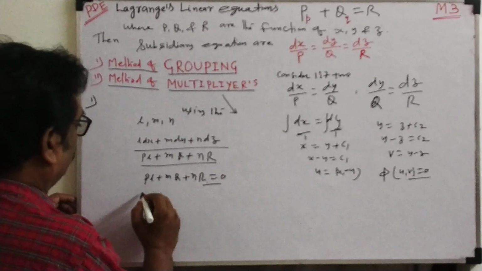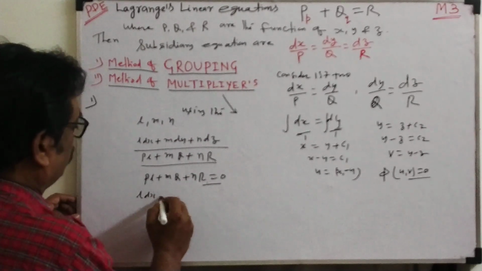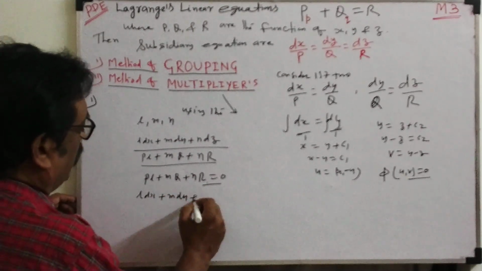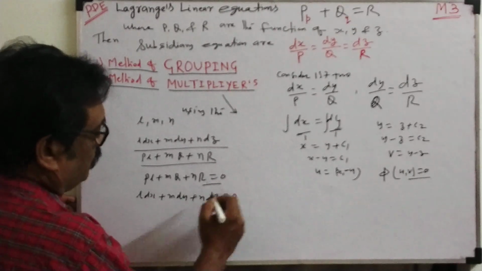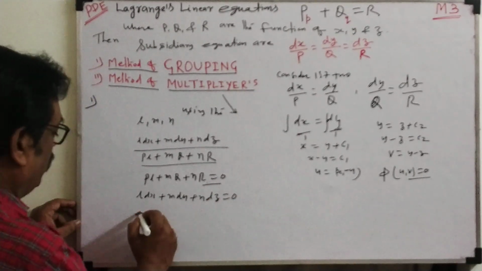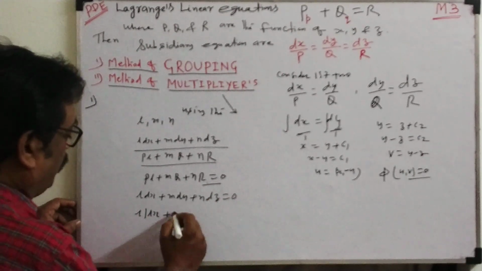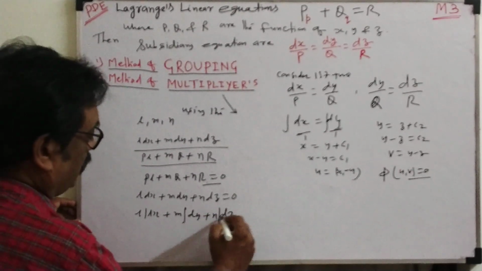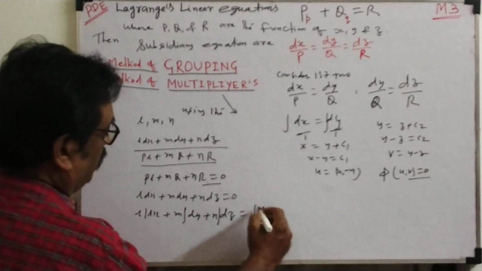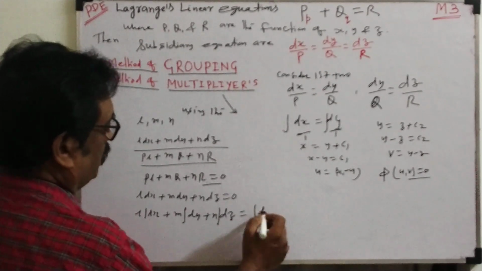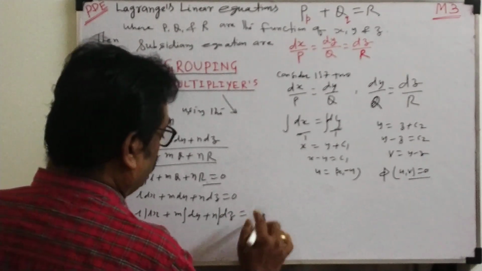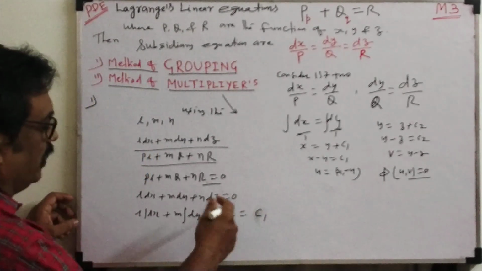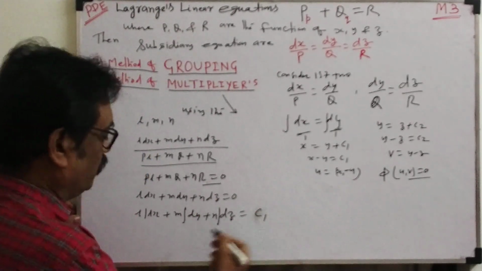Once it becomes 0, then l dx plus m dy plus n dz will also be 0. Then we integrate both sides. The integration of 0 gives a constant c1, and the integration of a constant is a constant.